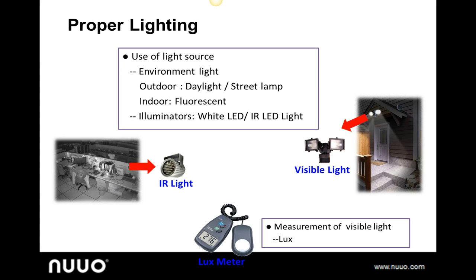Visible light levels are measured in lux. You can use a lux meter to more precisely investigate and plan your light environment. And in those pictures, you can see that in the outdoor scene we use visible light, and in the dark environment we use the IR light.